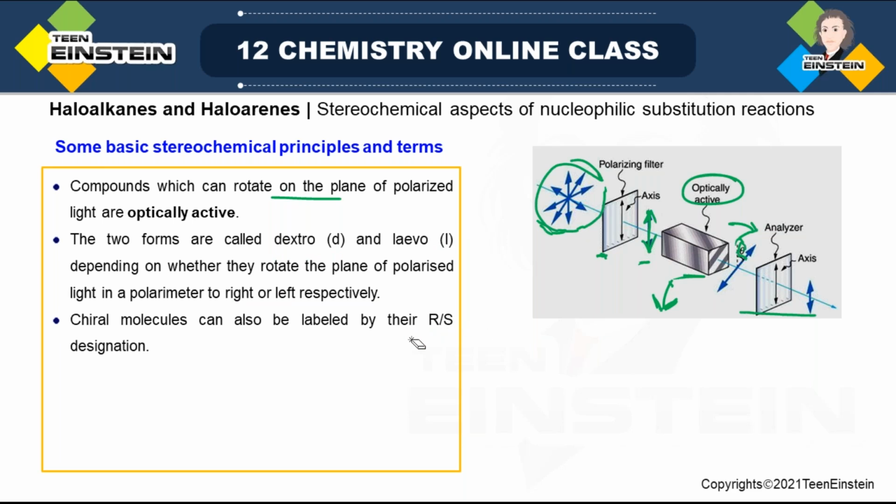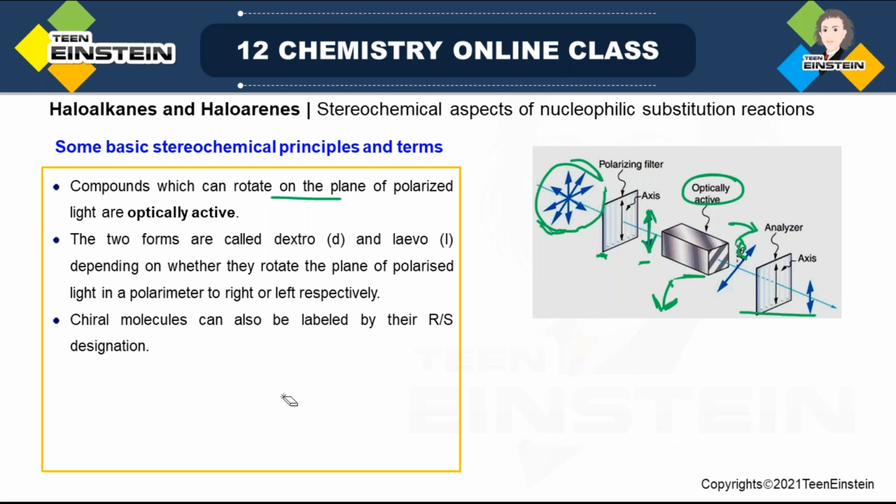Now R and S: if you want to know whether any optically active compound has R configuration or S configuration, you can do that easily if you know the proper structure of the molecule. But remember, R configuration and S configuration are applicable only when it is optically active. If it is not optically active, there is no question of R and S, no question of d and l. If it is active, then only these questions arise.